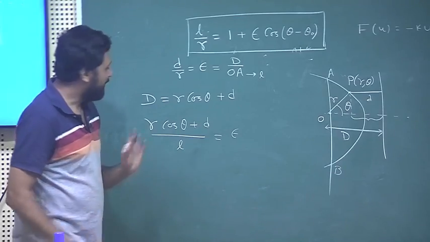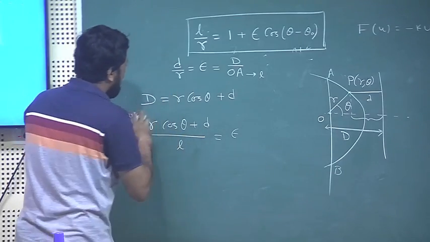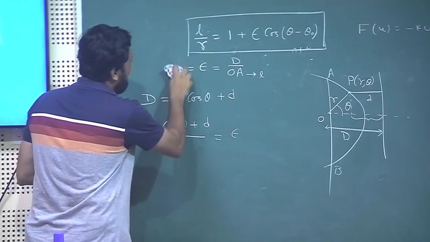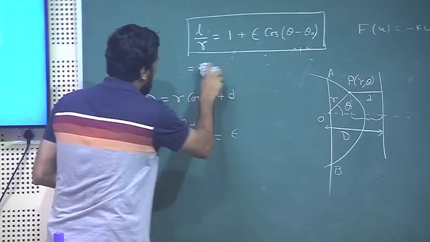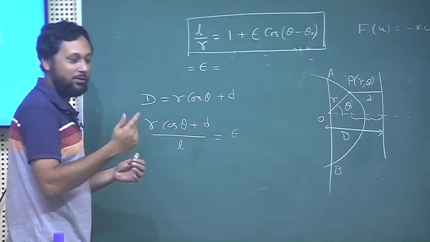Sorry, the ratio is defined as r by d, not d by r. So, what I defined is the inverse of epsilon, 1 over epsilon, not epsilon.